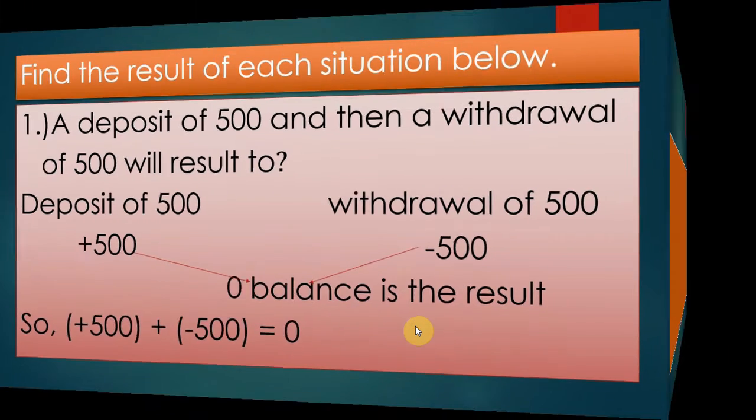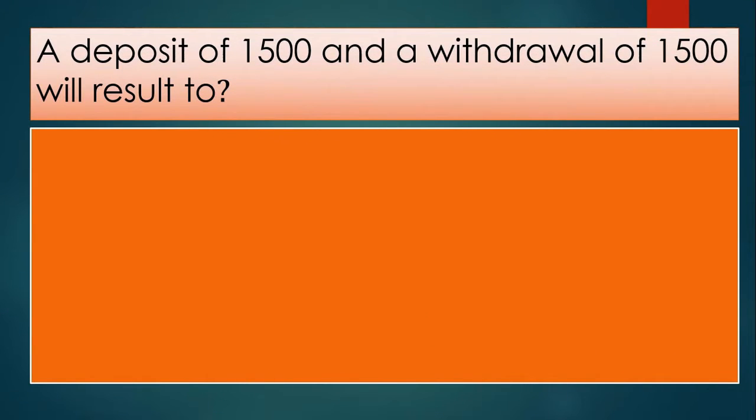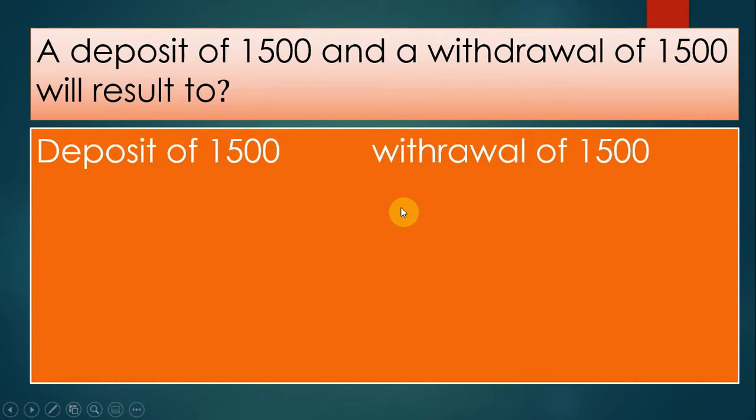Next, number 2. A deposit of 1,500 and a withdrawal of 1,500 will result to? How much money is left in the bank in this situation? A deposit of 1,500 is positive 1,500 and a withdrawal of 1,500 is negative 1,500.